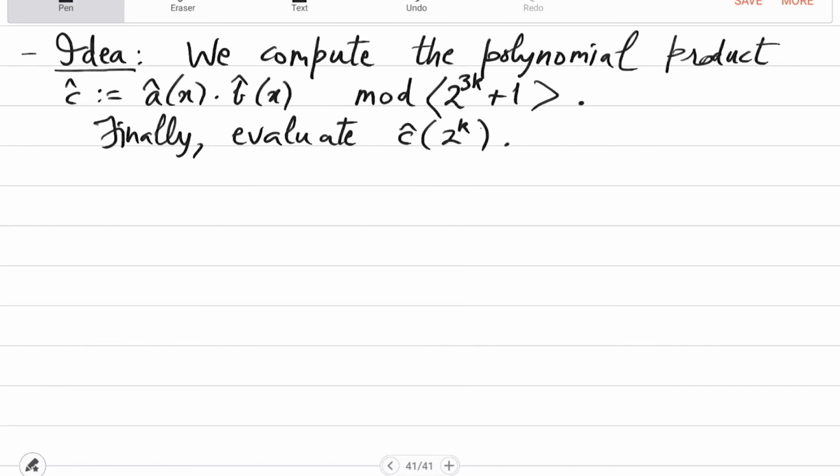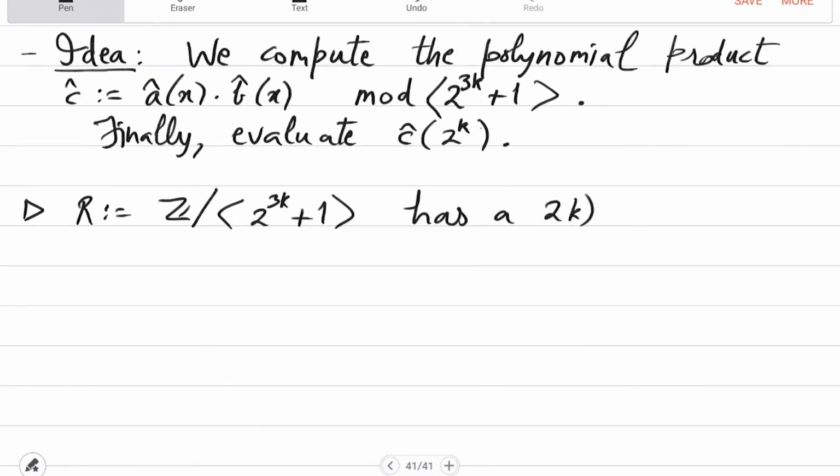So the ring we are working in is the ring of integers modulo 2 raised to 3k plus 1. Now this has a 2k-th root of unity.